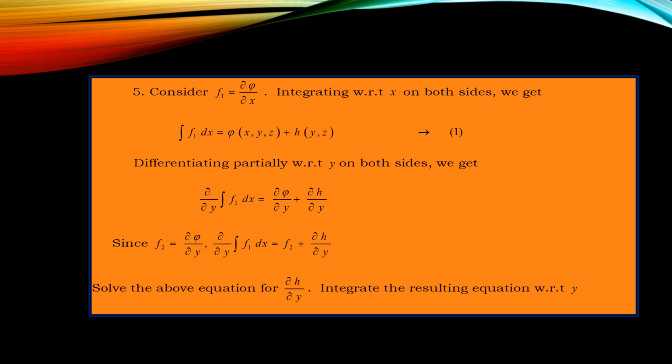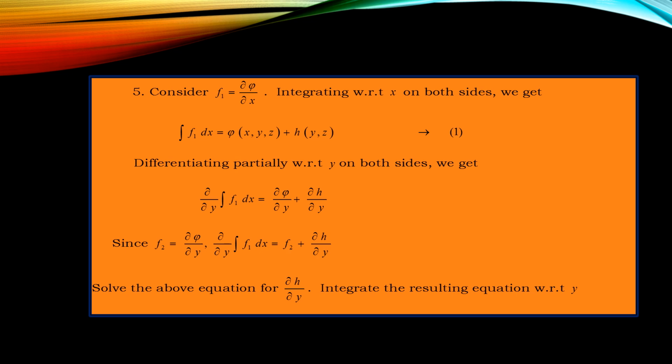To find out φ, now consider equation 1. Differentiate equation 1 partially with respect to y on both sides. Then we obtain ∂/∂y integral f1 dx equals ∂φ/∂y plus ∂/∂y h(y, z).